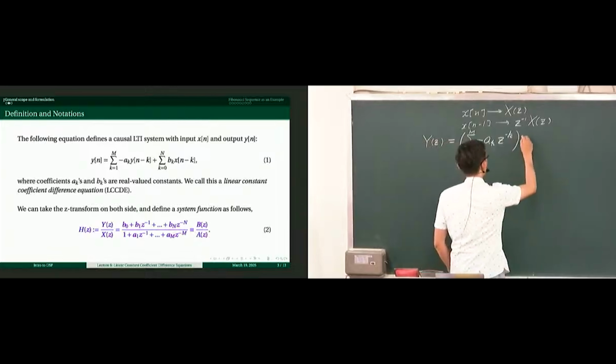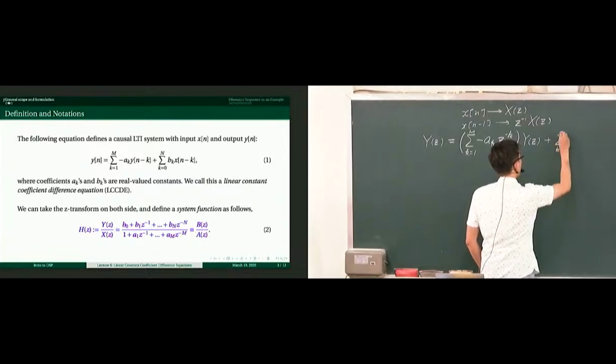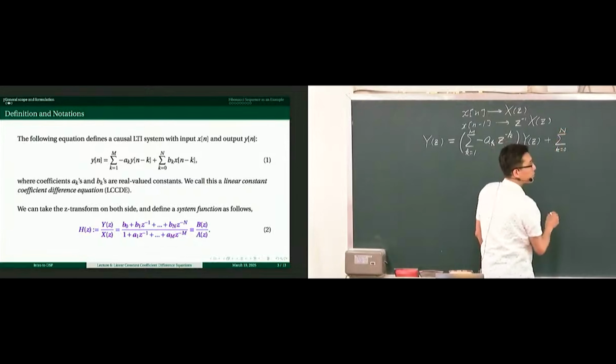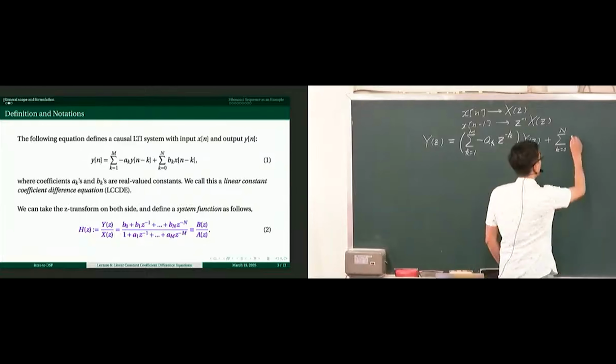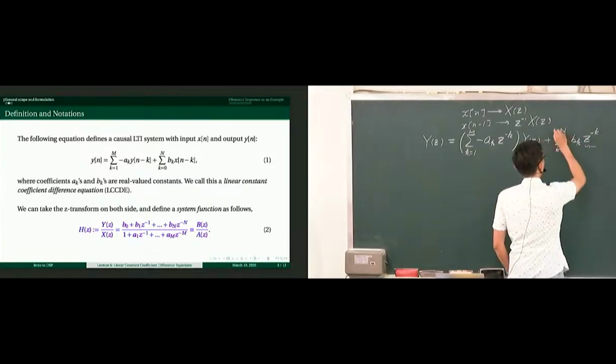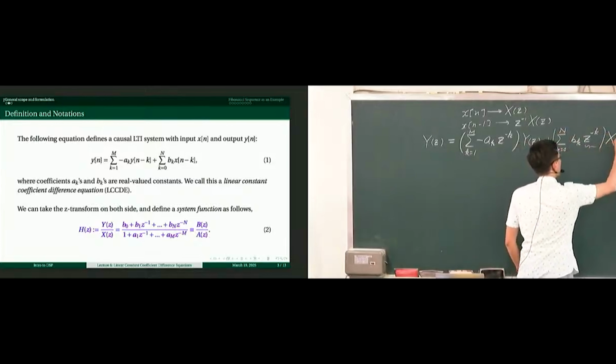On the right, we have this term plus the next term, again summing from 0 to big N, according to my notation, of b_k, where the delay is replaced by z to the minus k power. That's a factor that will appear right here, times X of z.